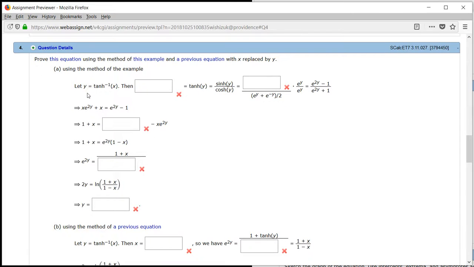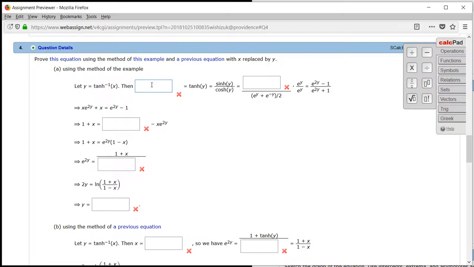Start with y equals hyperbolic tangent inverse of x. Then we can rewrite it using just the hyperbolic tangent. So this is going to be x equals hyperbolic tangent of y, which can be written as hyperbolic sine over hyperbolic cosine.